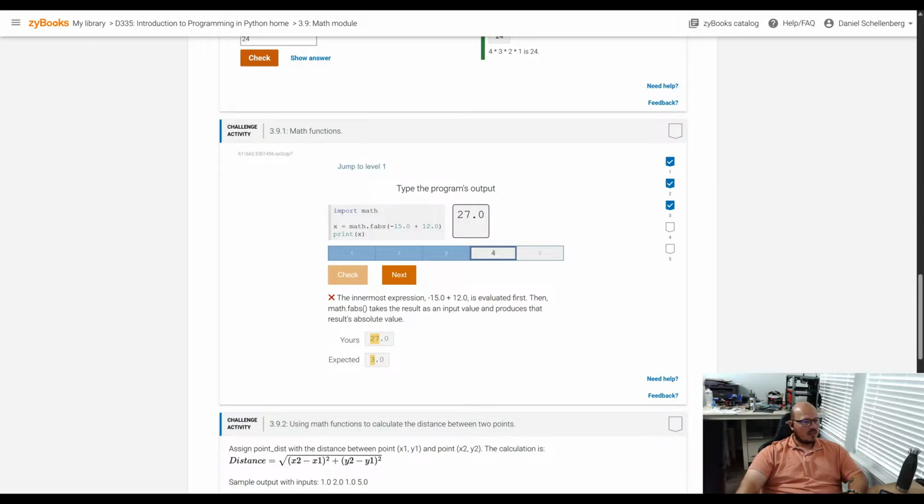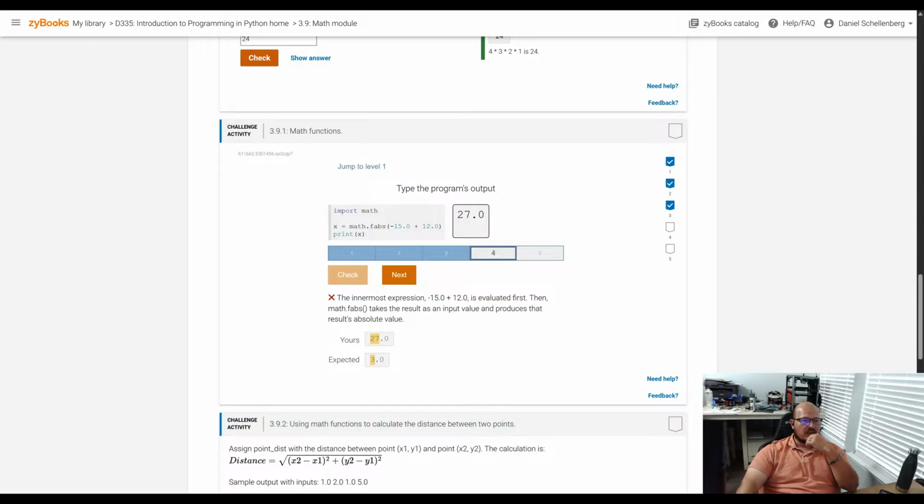So it looks like you need to do 15.0 plus 12.0, which is negative 3.0. And then you take that and drop the negative to make it the absolute value, right?